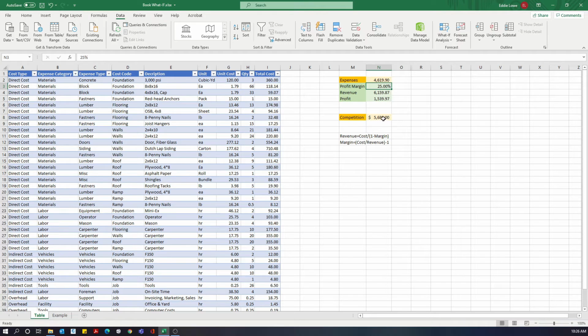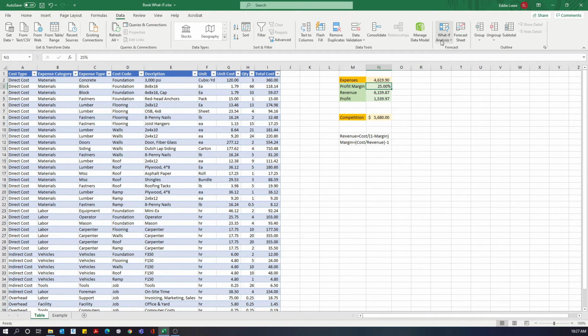But let's say a competitor is selling the same or a similar shed set up in the yard for $5,680. So what if we were to do a price match, what would our profit margin be?